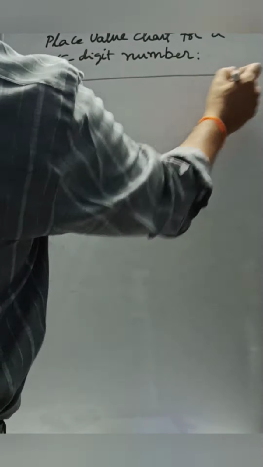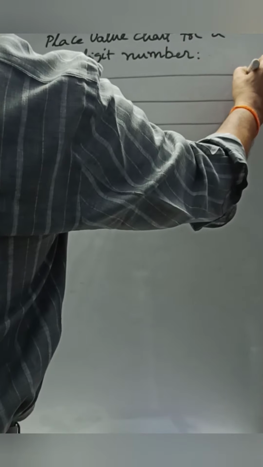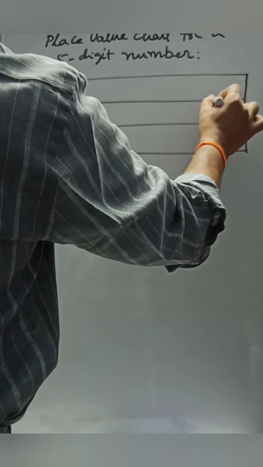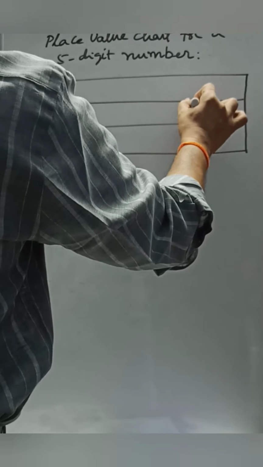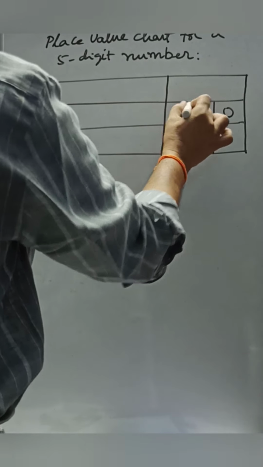So you draw 1, 2, 3, 4 lines. Here I am closing, and we will draw the vertical line: ones place, tens place, and big line, hundreds place. Ones place, tens place, hundreds place.